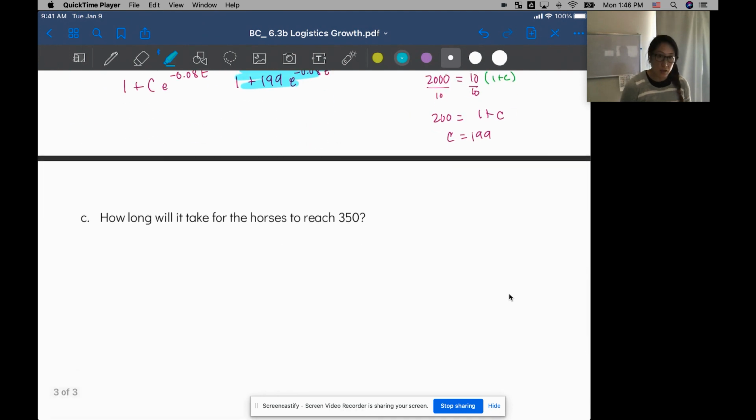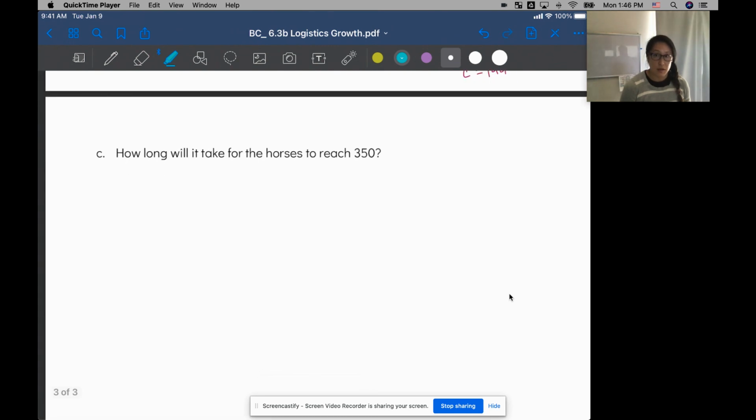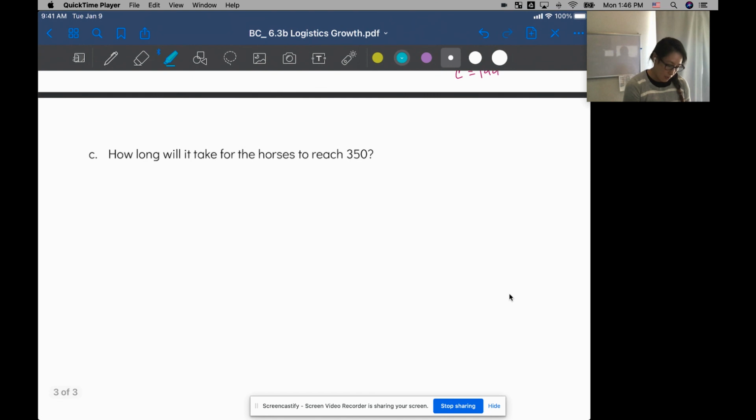Okay, and then how long will it take for the horses to reach 350? So we have 350 is equal to 2,000 over 1 plus 199 e to the negative 0.08t. Okay, you can solve this by hand, but I'm just going to use the calculator again.